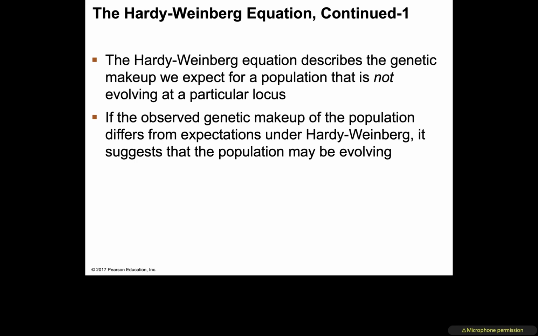So I'm going to break it down for you. There's a calculation, and in the calculation, there's expectations. And if it turns out that the answer differs from what the expectation is, then that population must be evolving.